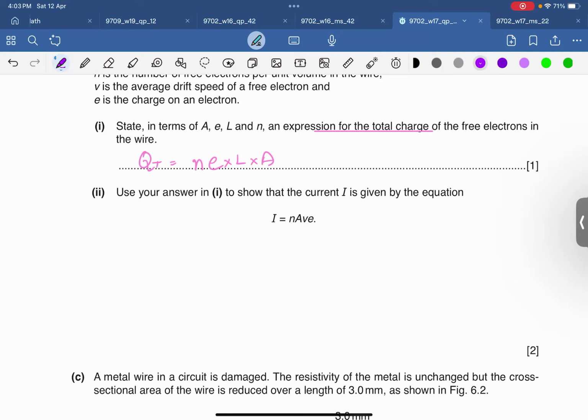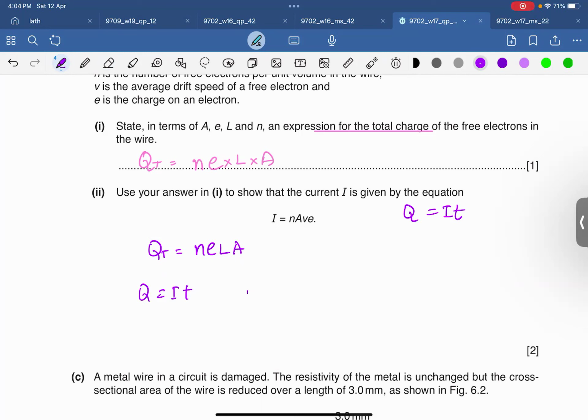Bro, if you just derive this equation, okay, total charge equals to NELA, right? So just divide the whole equation by T because you know that if you want to make the charge into current, you have to divide by T, okay? Or you can also say that Q equals to IT, right? Instead of Q, the total charge, you can replace it Q equals to IT, right?